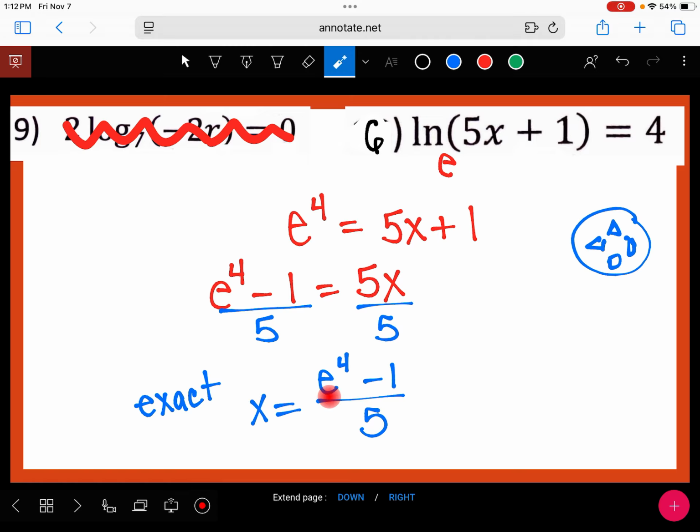So I would hit the fraction button first, because all the yellow calculators have it. To get e, you have to hit the green key and then ln, because ln and e are opposites. So e to the 4th, arrow out, minus 1 divided by 5.